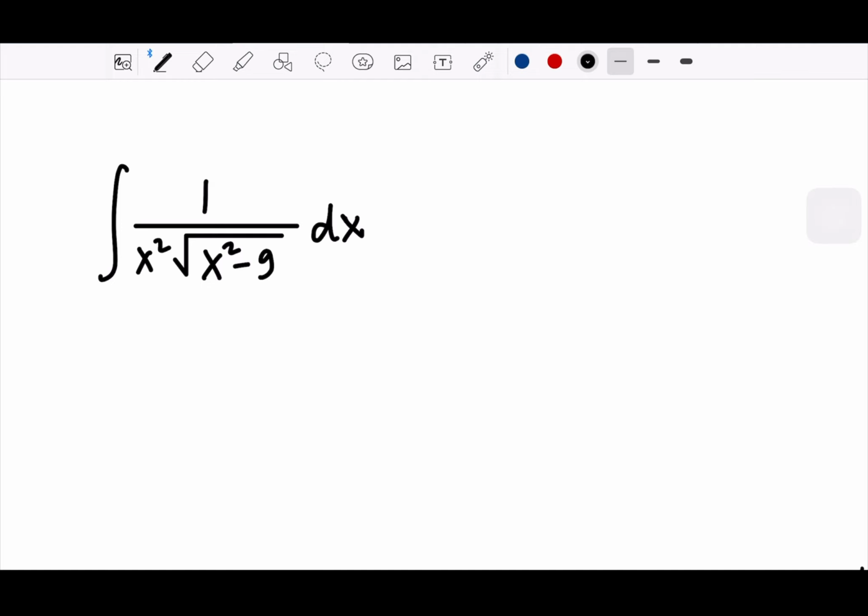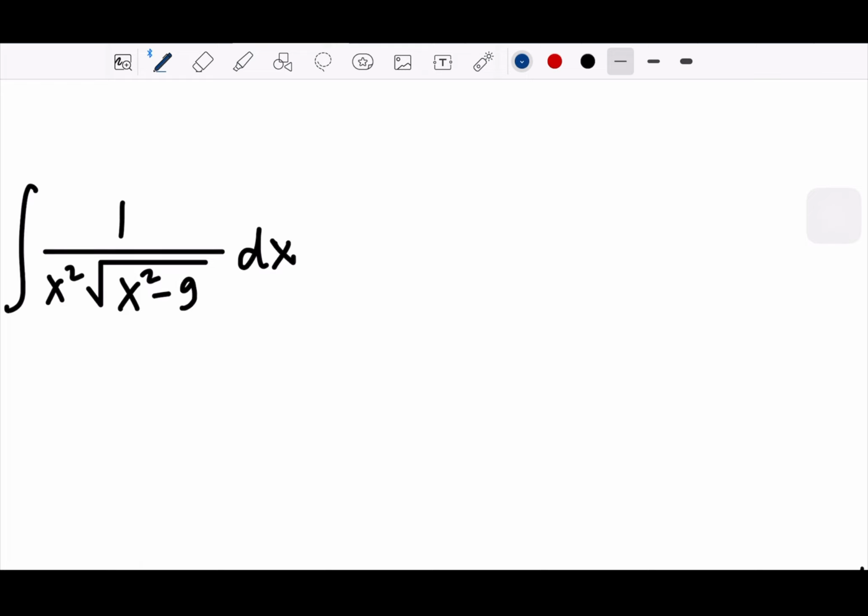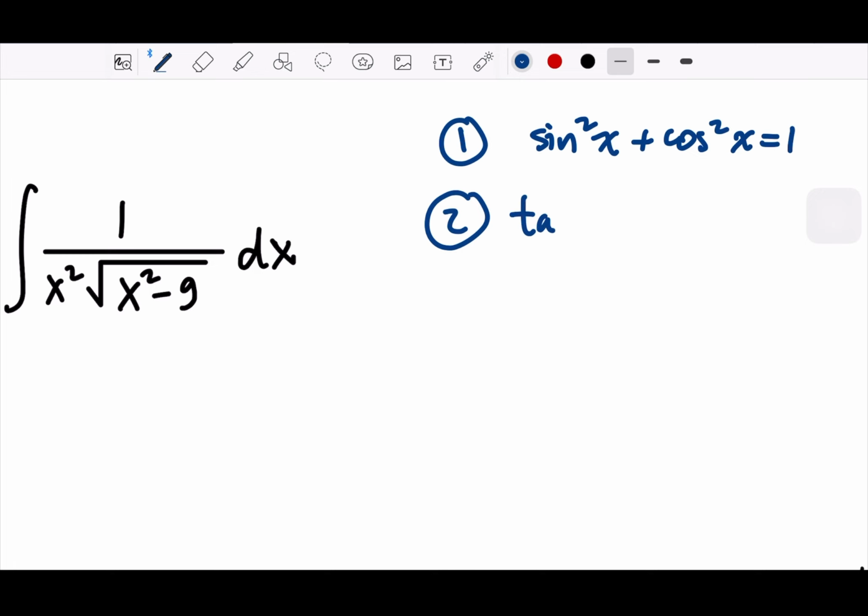So if we review the trigonometric identities that we have from the previous sections, first is sine squared plus cosine squared is equal to 1. Okay? And the second is tangent squared x plus 1 is secant squared x, right?